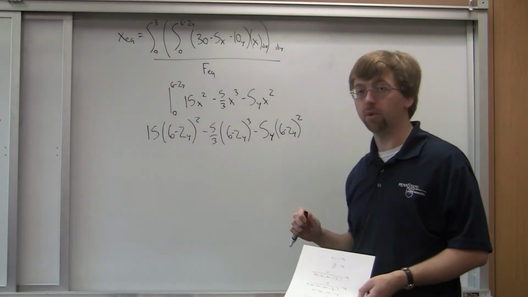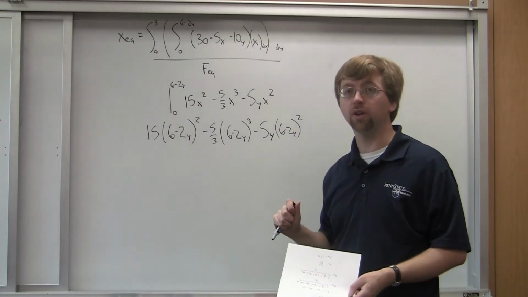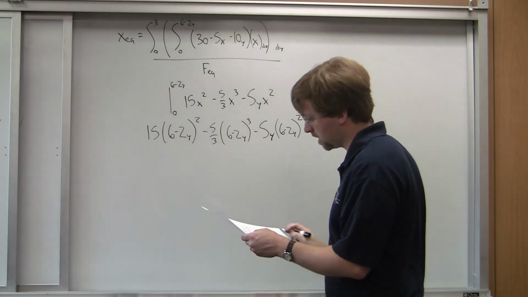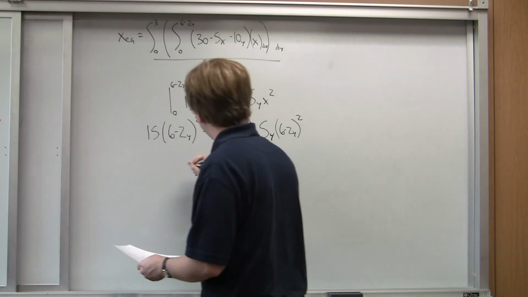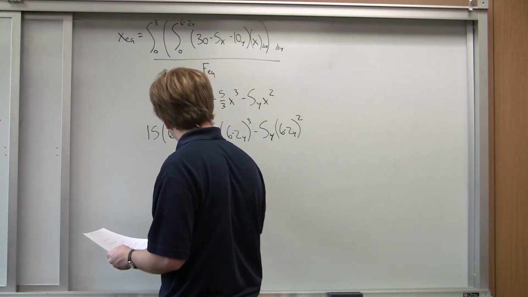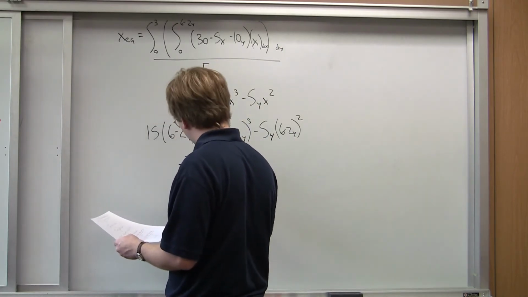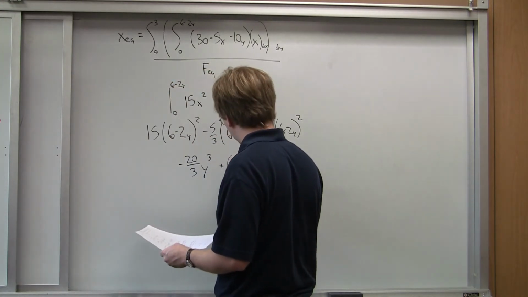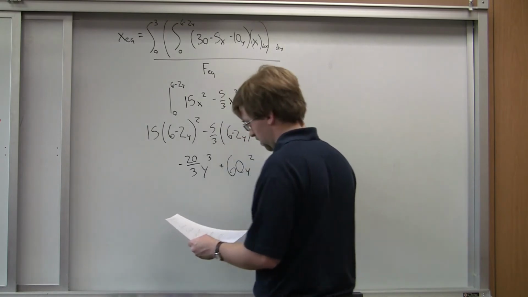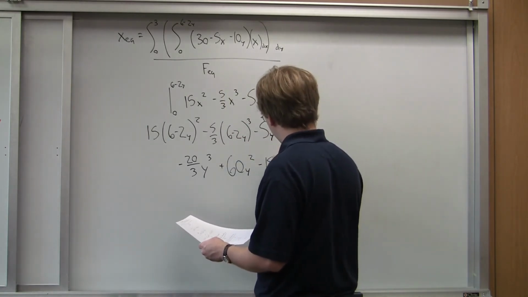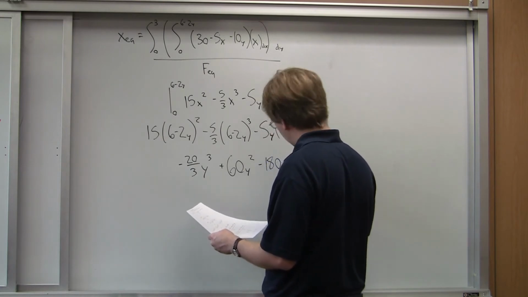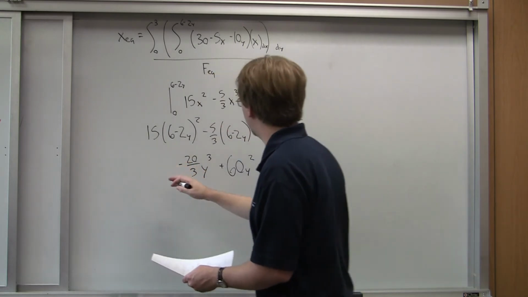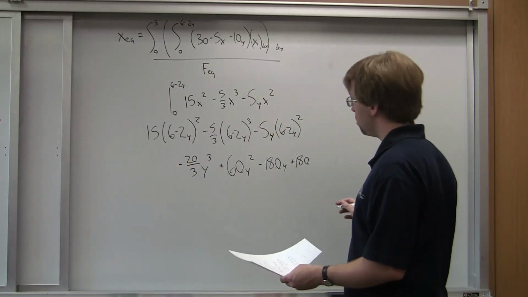And so with a lot of algebra, or using a program like MATLAB to simplify, we can simplify this whole expression down to negative 20/3 y cubed plus 60y squared minus 180y plus 180. And so that is the integral there.